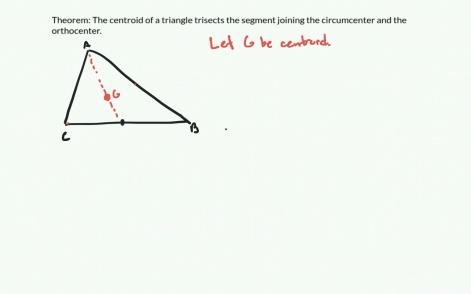Okay. And then we need the orthocenter, or let's start with the circumcenter first. So the circumcenter is the perpendicular bisectors. We'll do that in blue, so perpendicular bisector here. So looks like it's going to be about here. So I'll let that be O, the circumcenter.